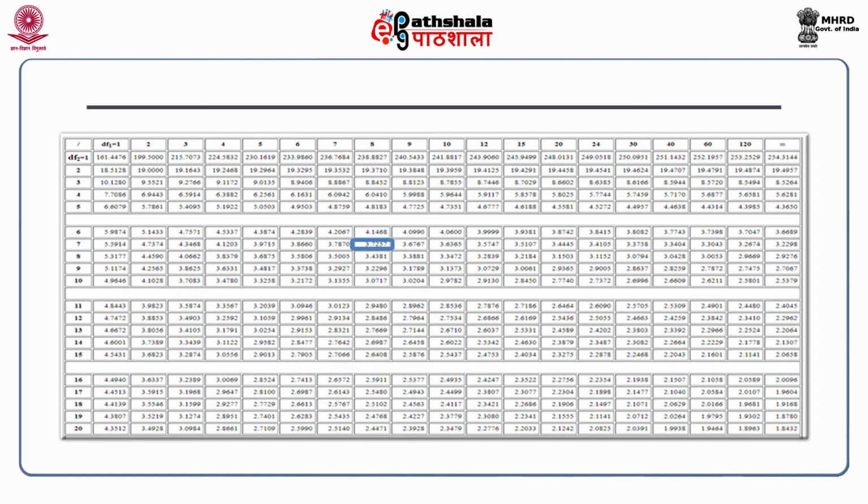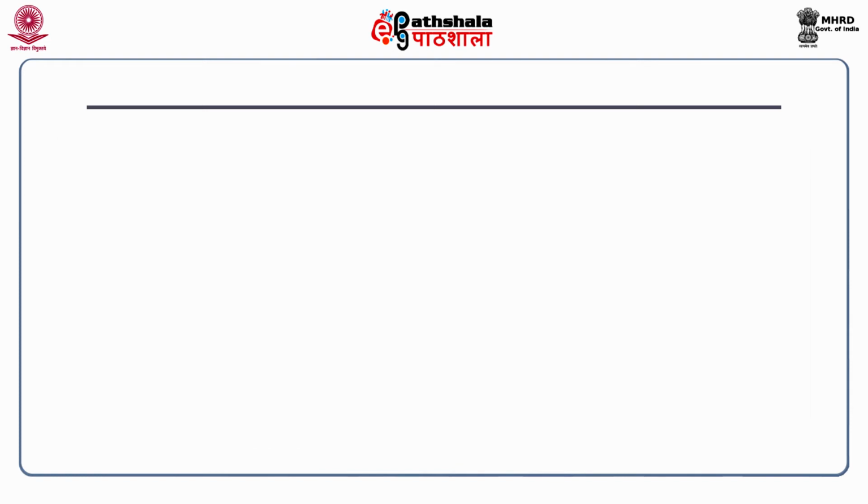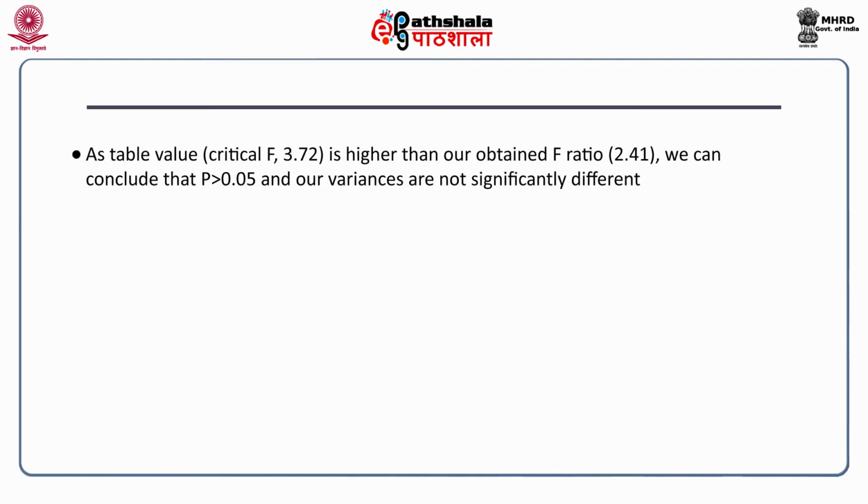As you can see in this figure, 8 is the degree of freedom for the numerator and 7 is the degree of freedom for the denominator. The critical value of F is 3.72. The table value, the critical F, is higher than our obtained F ratio, which is 2.41. We can conclude that P should be higher than 0.05 and our variances are not significantly different. So variances are almost equal. That is the conclusion.